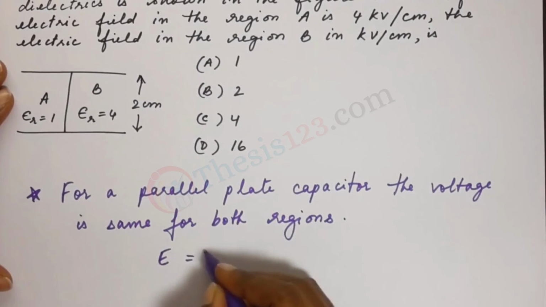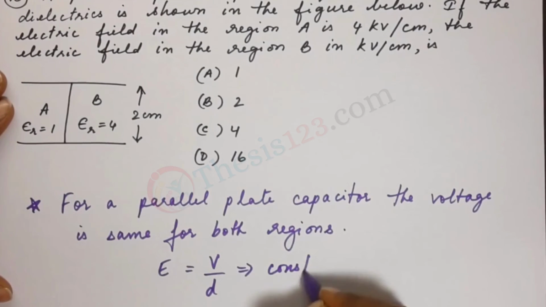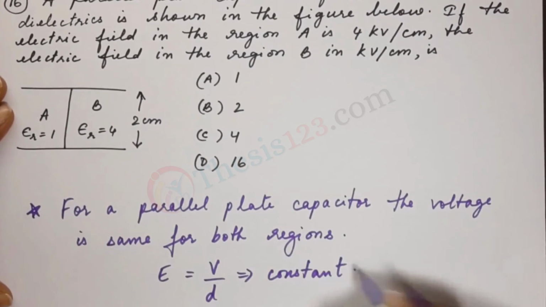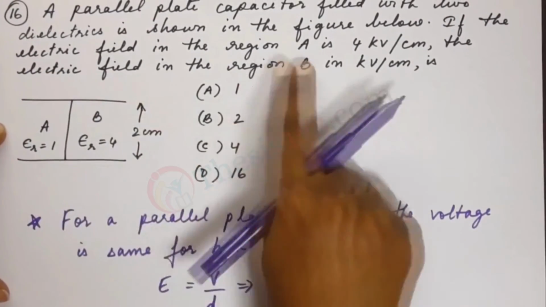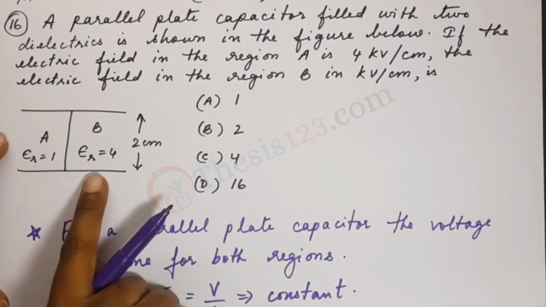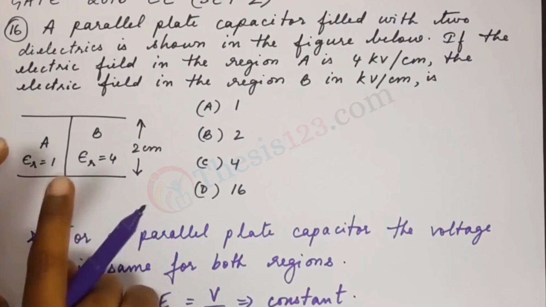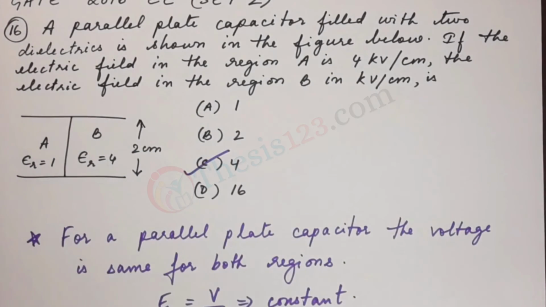We know that the electric field, the V by D ratio, is constant for different regions of the parallel plate capacitor. So if the electric field in region A is 4 kilovolts per centimeter, the electric field for region B would be 4 as well. There is no change. So the final answer here is 4. I hope this has helped.